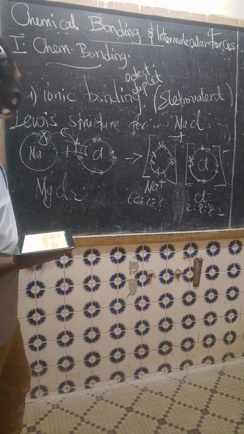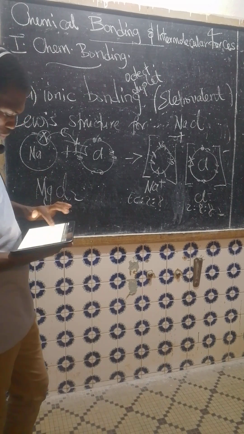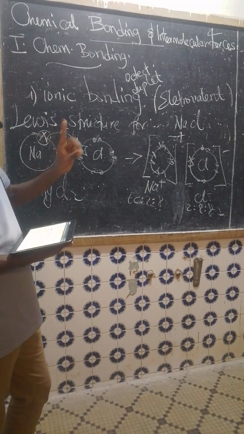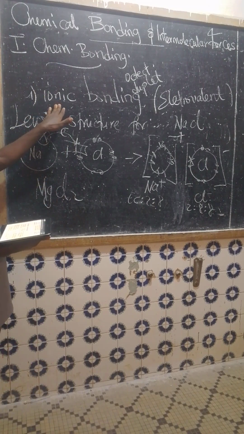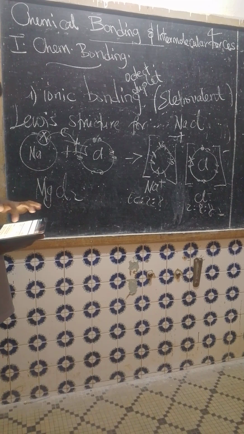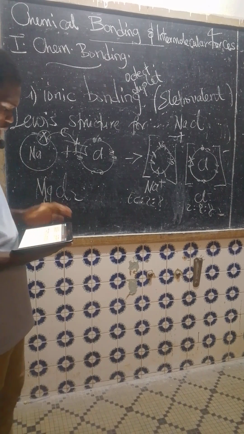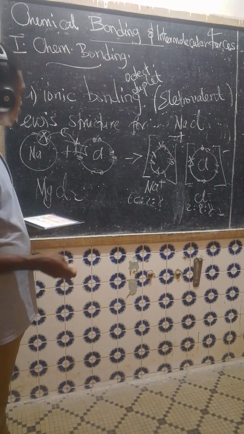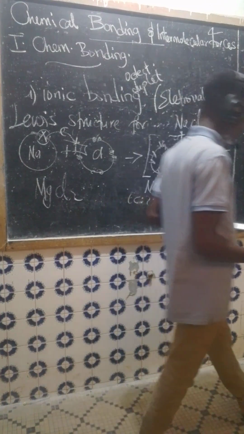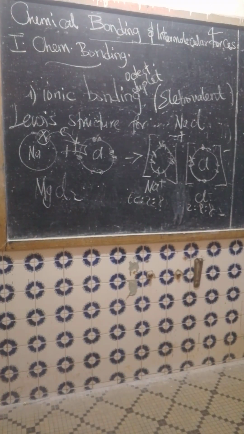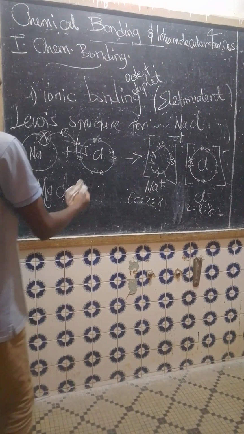Alright, before we go to covalent bond, I'll say 2 things: one, the characteristics of ionic compounds, and also the factors that affect the formation of ionic bond. Those are 2 small things that I'll mention before we go to the next type of bonding, which will be covalent.